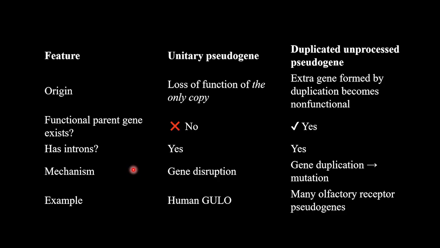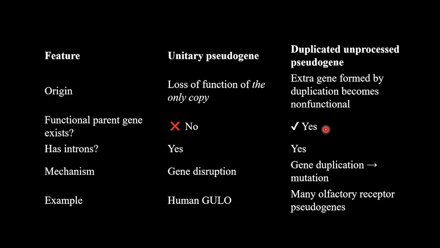If we see the differences, in the case of the unitary pseudogene, there is only one copy of the gene and that becomes non-functional, and that is why it is known as a pseudogene. So this is loss of function of the one copy. In the case of the duplicated, as their name suggests, they are duplicated, so there are extra copies present, but that copy is not functional. Does a functional gene exist?